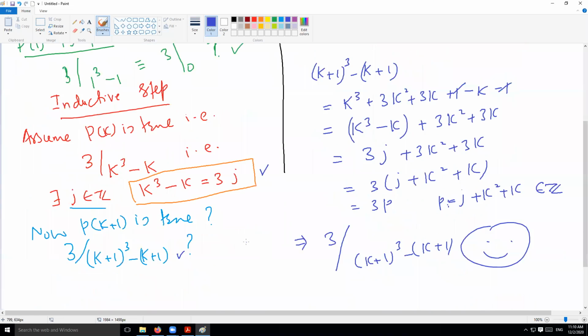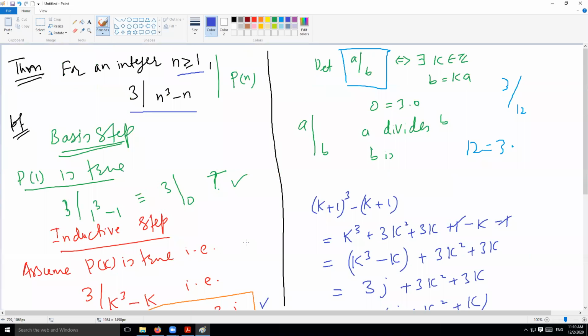So you can see that the principle of induction works in a lot of cases. If you have a statement about natural numbers and integers, you can prove such a statement through the principle of induction. We're going to see that there are several things that are based on the principle of induction.